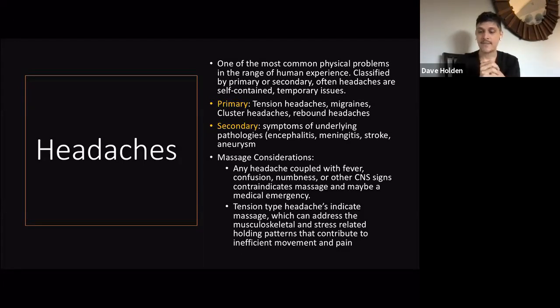And there's no real good way to classify headaches, because with so many different headaches, structurally, there's nothing wrong. And what I mean is, I don't mean that the headache does not exist.